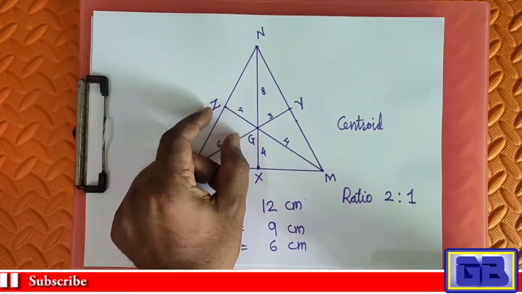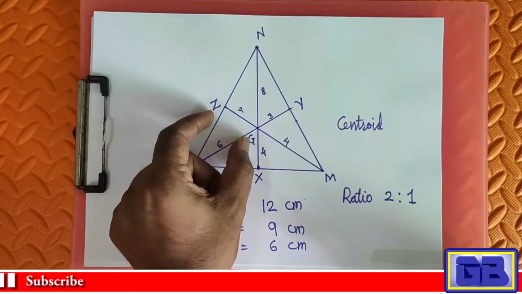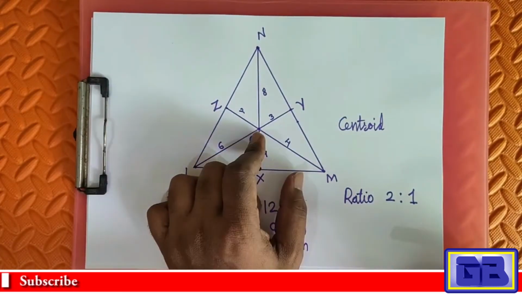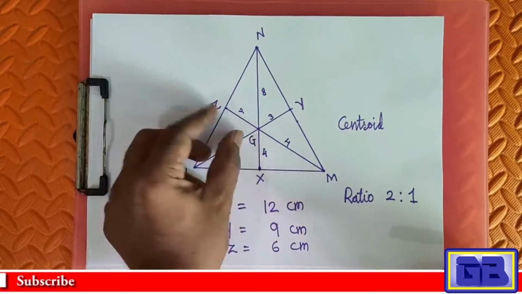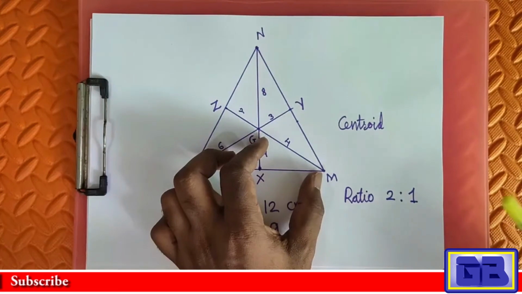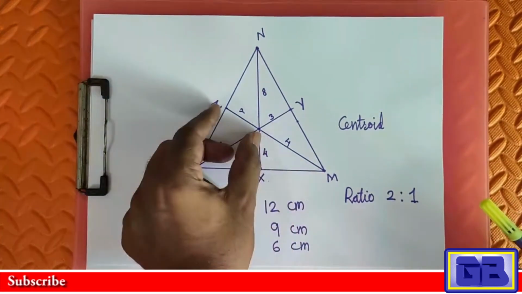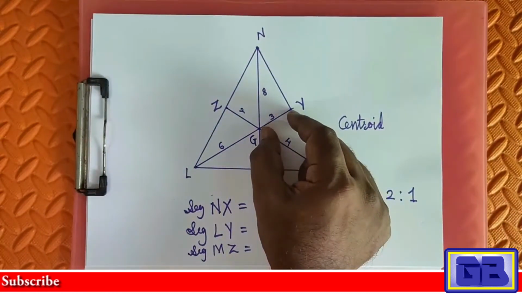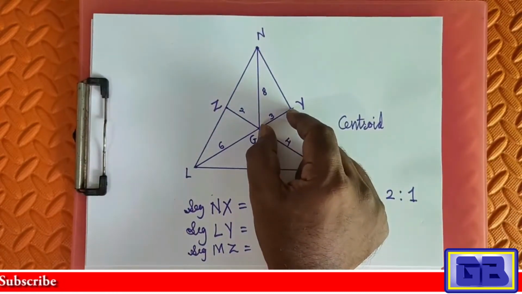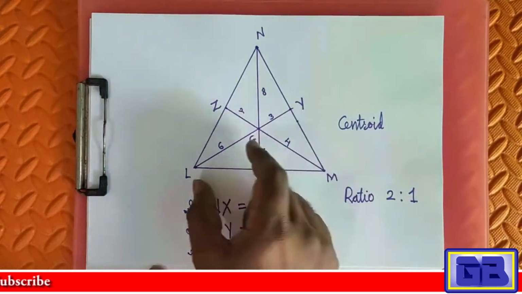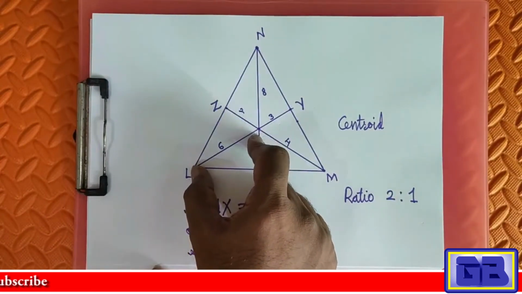So I'm asking you, if this distance ZG will be 10 centimeter, what will be the distance of GM? Correct, 20. If it is 10, it will be 20. You have to take 2 times. Bigger will be 2 times of smaller. Okay, now if the smaller part is 12 centimeter, what will be the distance of this bigger part? 24, correct.